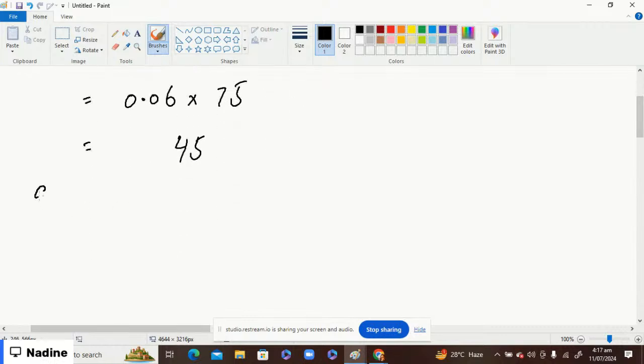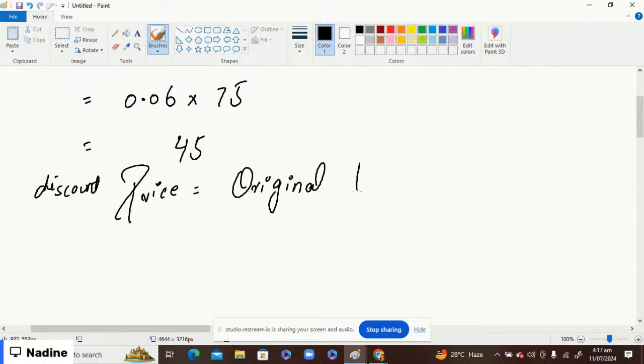So what is your discount price? It's the original price, then you subtract the discount.